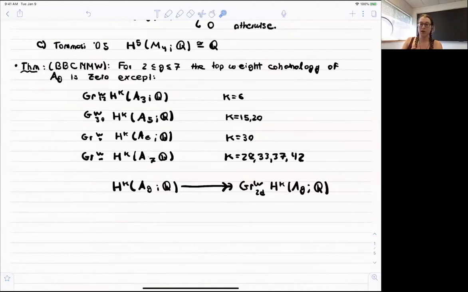Yeah, but I was right. I was trying to remember that I thought there was a theorem that when you have a smooth compactification, the graded piece of the top weight is the, well, wait, what am I trying to say? A_g has a smooth compactification, whatever you call it.